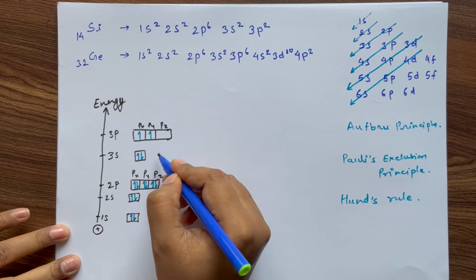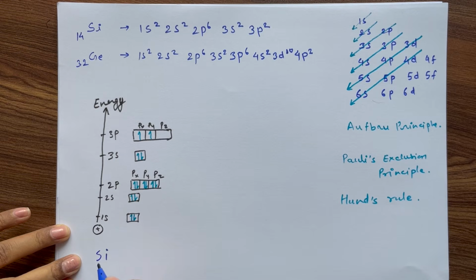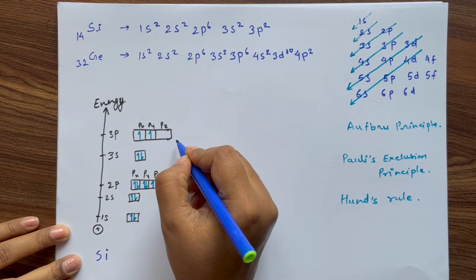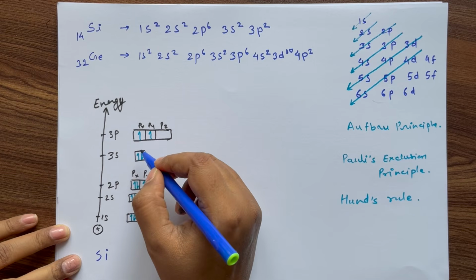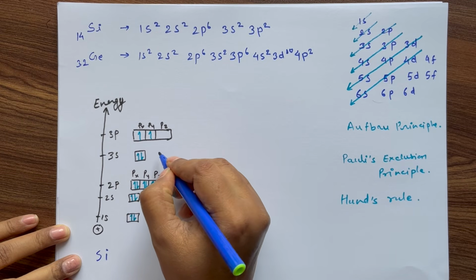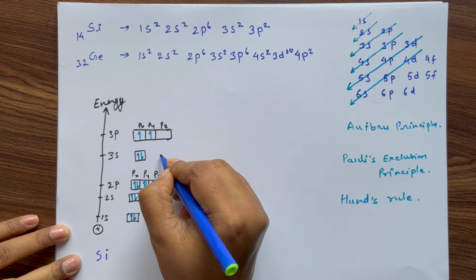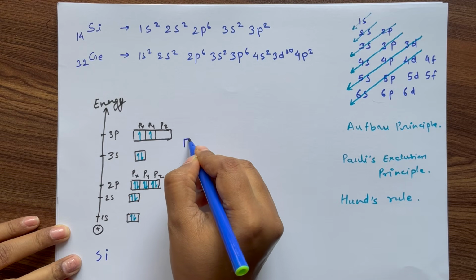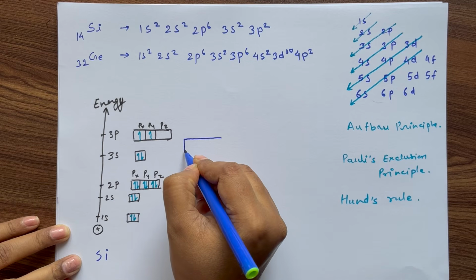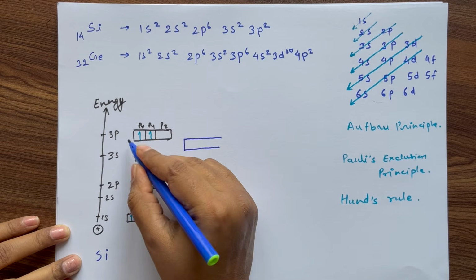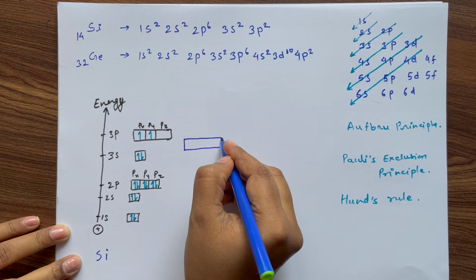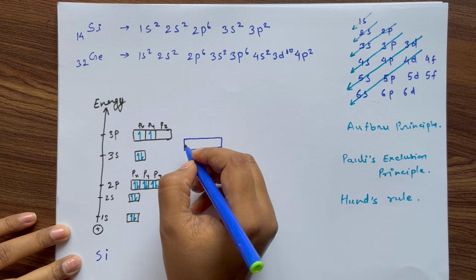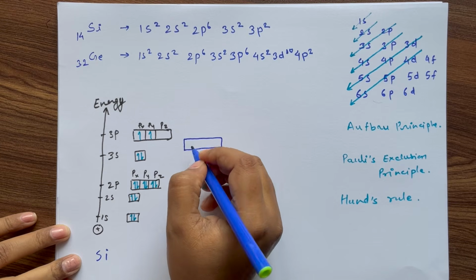When these silicon atoms are in condition of bonding, this s and p orbital gets hybridized and form sp3 orbitals. Hybridized sp3 orbitals, and this sp3 orbital will have energy somewhere between 3s and 3p. This hybridization lowers the energy of the system and makes it more stable.